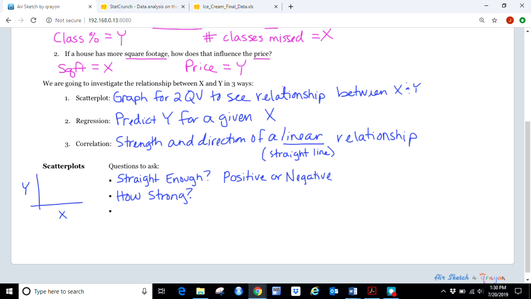This is looking at how tight or how close the points are together. And finally, the last question we're going to ask ourselves is if we happen to see anything unusual. So we're going to look at these three questions more specifically with some graphs.